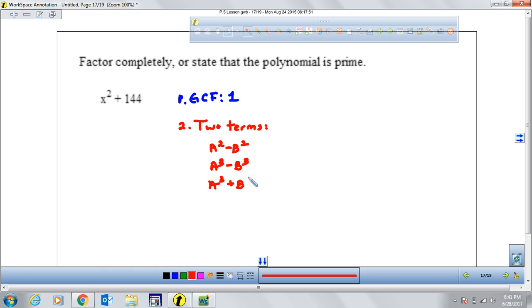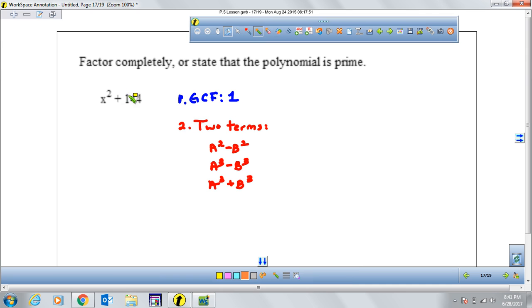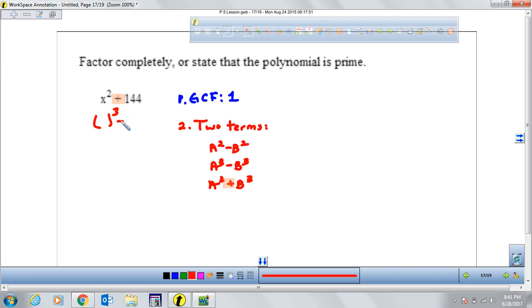The only possibility, because of the sign, is this one. The other ones are differences, right? So what does that mean? I need to find something that when cubed gives me x squared, and something that when cubed gives me 144, and as a surprise, there's nothing we can find that cubed gives me x squared, and that cubed gives me 144.